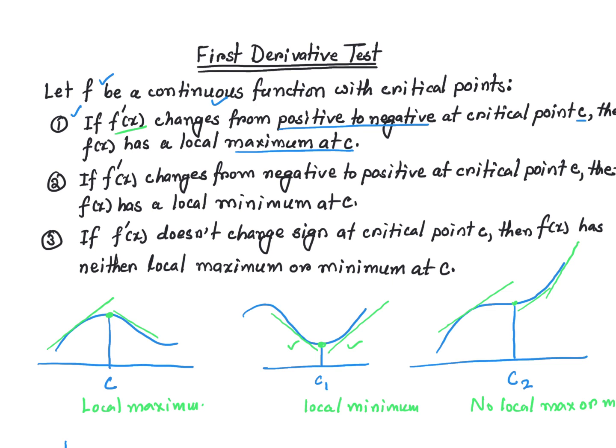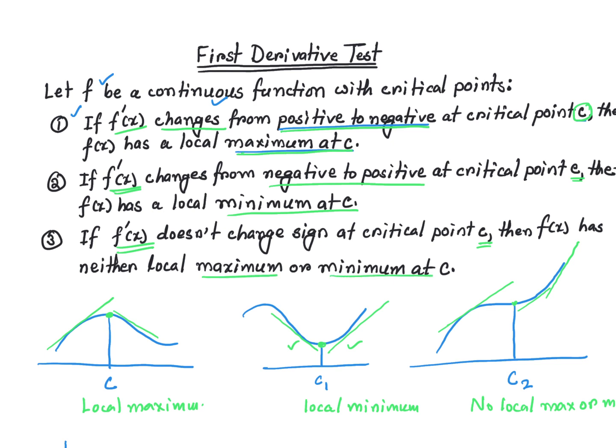Just to summarize, if f prime changes from positive to negative at the critical point C, then you have a local maximum at C. If f prime changes from negative to positive around critical point C, that means on the left it's negative, on the right it's positive, then it's a local minimum at C. If f prime doesn't change sign on either side of the critical point C, then it has no local maximum, nor does it have a local minimum.